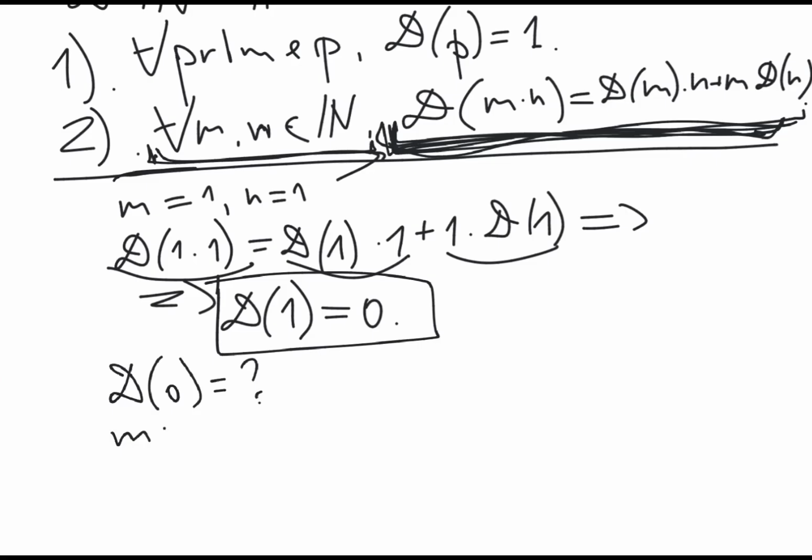So we set m to 0, and n we keep as a parameter. n can be any. Again, I want to stress that I'm not setting m to 0 in the original definition, because that holds only for natural numbers, but in the product rule if we extend d to all integer numbers.